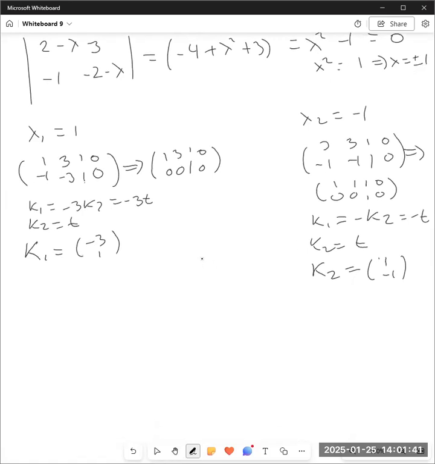So that gives me an xc of c1 times [-3, 1] e to the t plus c2 times [1, -1] e to the negative t. Now let's focus on my xp, which looks like it's just going to be a couple of constants.